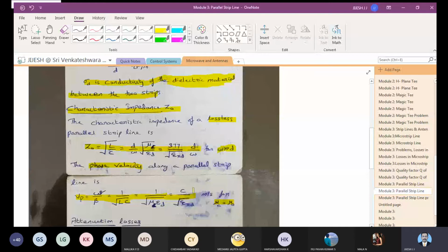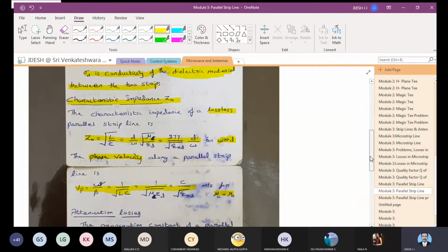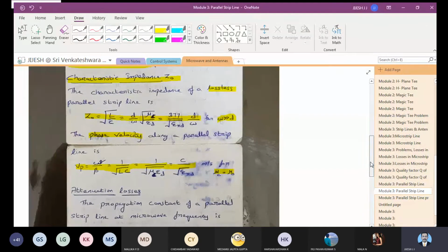Further on, we'll discuss the attenuation losses. So you can just complete these two equations, the characteristic impedance and the phase velocity of a lossless parallel strip line. Once you complete it, we'll study attenuation losses.